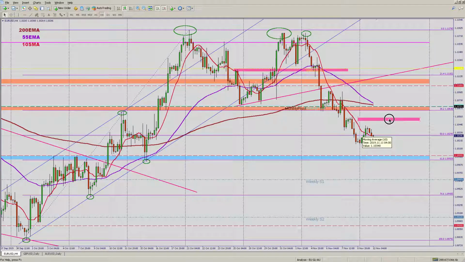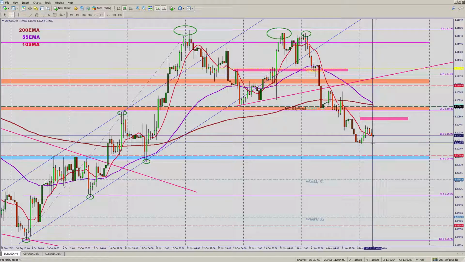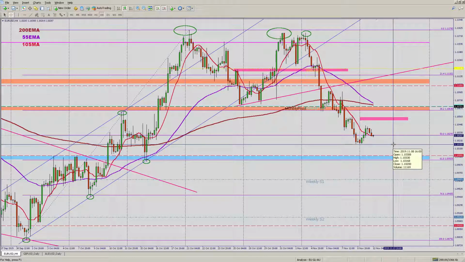So for today, I would say this would be the key intermediate resistance zone. That will be around the 110.50 area. And this is from the low of last week, that was at the 110.17 level.